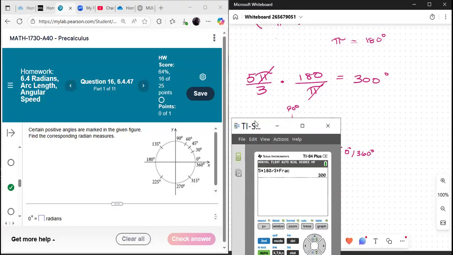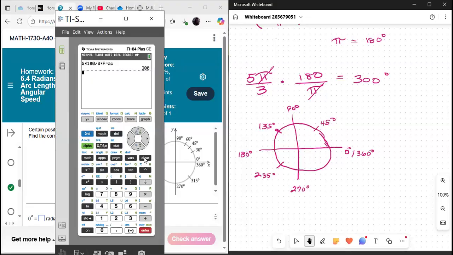I'm just going to check that work there. 180 plus 45 is 225. And then we have 270, and 270 plus 45 is 315.